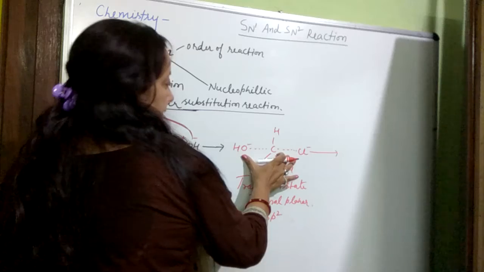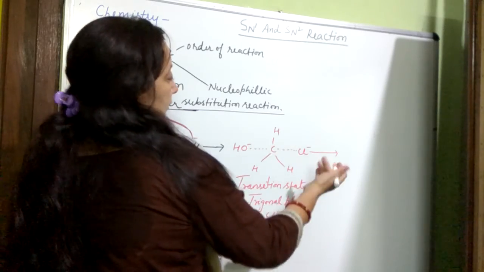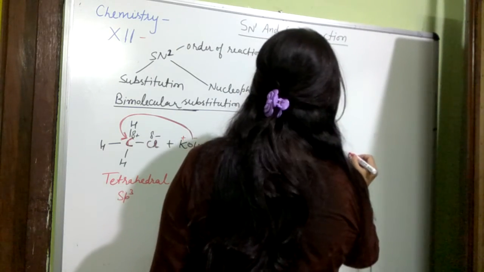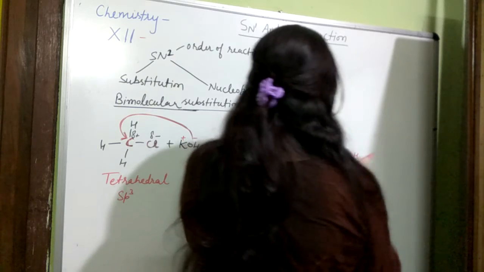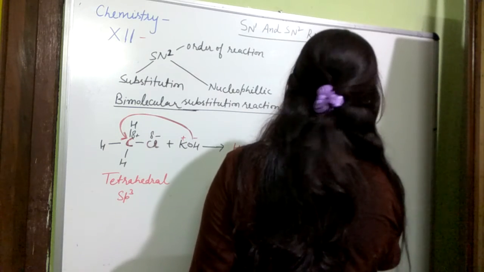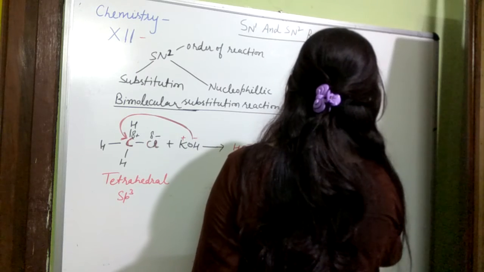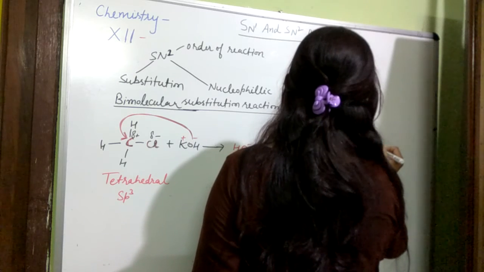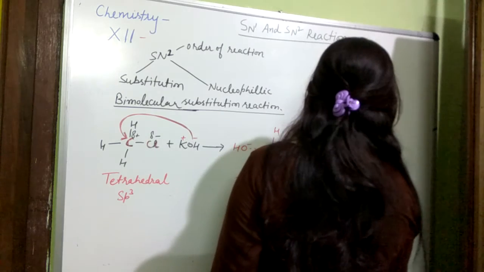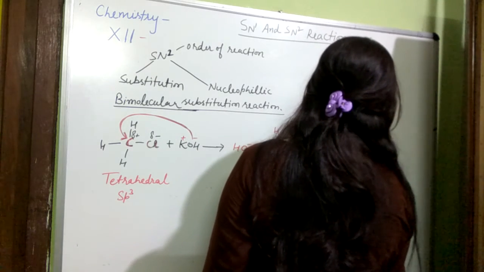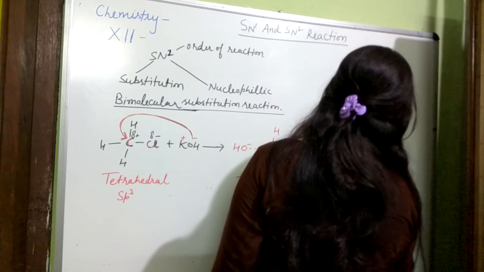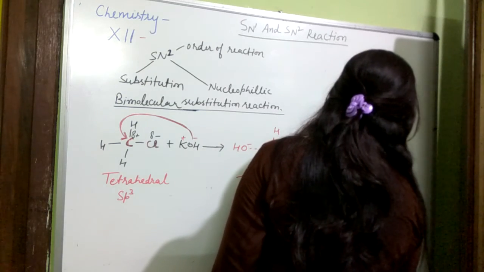It is unstable, so finally it forms the final product and it will be alcohol, and this is also tetrahedral and sp3 hybridization.